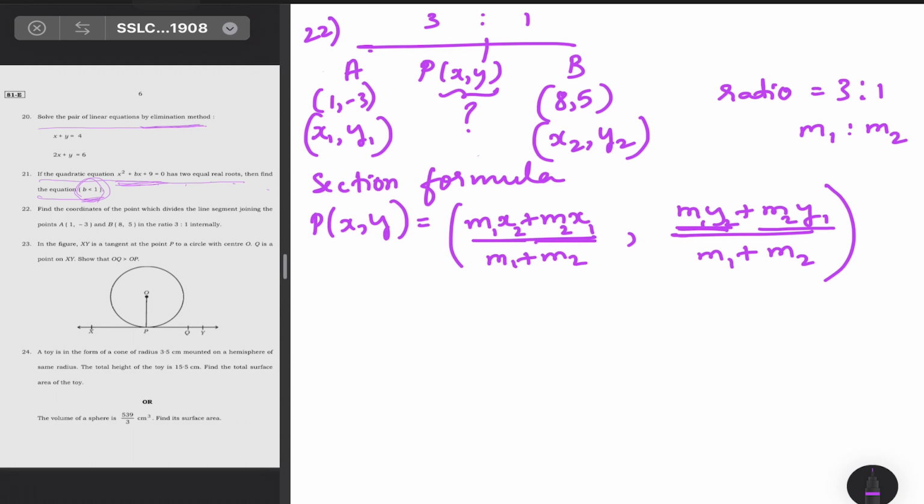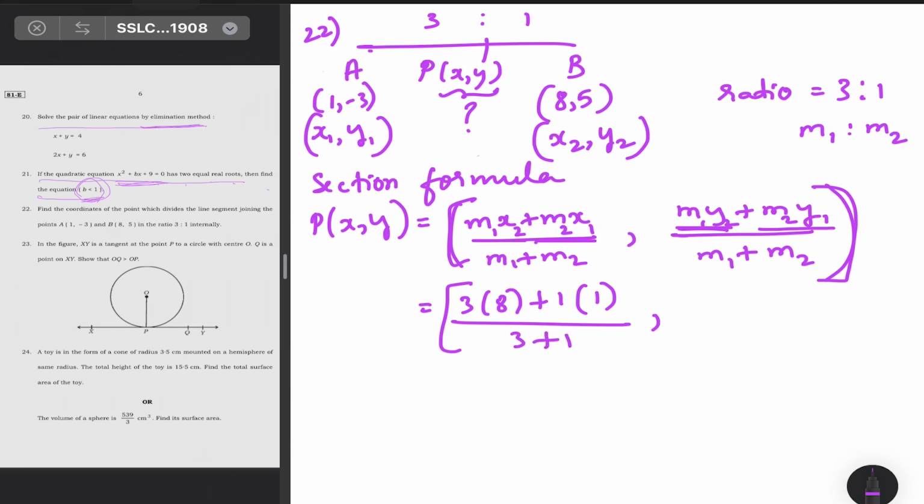On substituting the values, m1 is 3, x2 is 8, plus m2 is 1, x1 is 1, over m1 plus m2, which is 3 plus 1. Then m1 is 3, y2 is 5, m2 is 1 again, y1 is minus 3, over m1 plus m2, 3 plus 1.